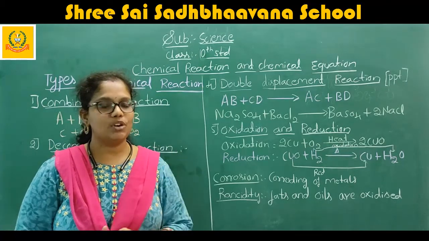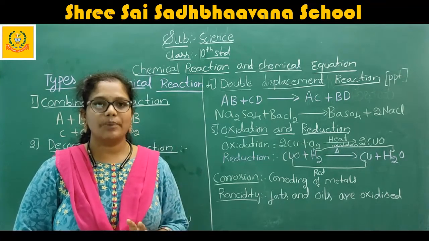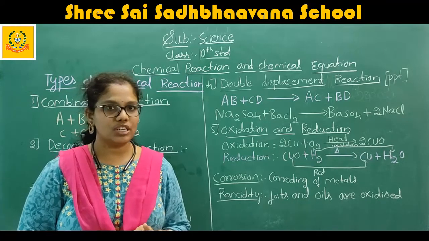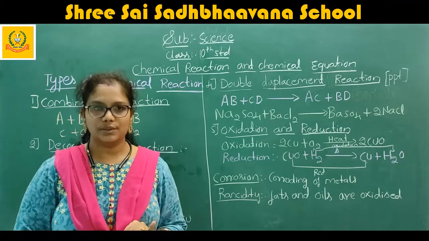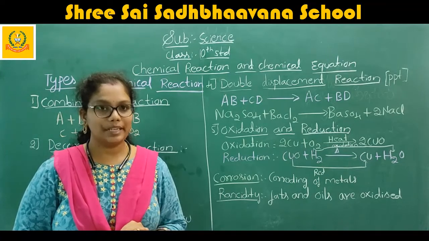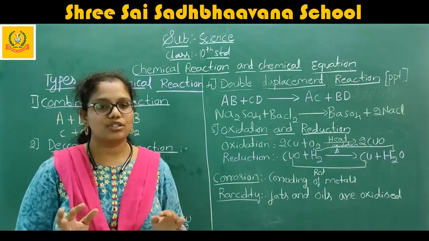The 5 important types of chemical reaction are: the first is combination reaction, second is decomposition reaction, third is displacement reaction, fourth is double displacement reaction, and the last one is redox reaction.